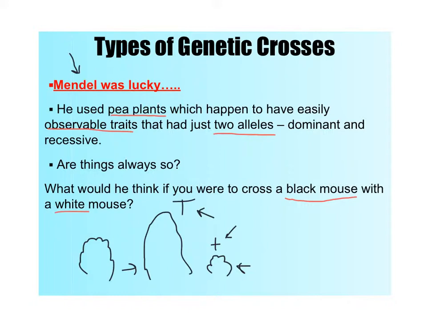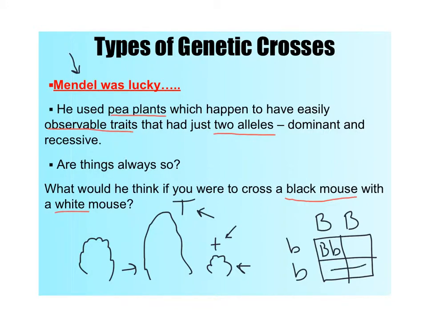But if you were to cross a black mouse, and let's say it's homozygous dominant, big B, with a white mouse, which is little b, if you do a simple Punnett square, all the boxes are going to be the same, so I'm just going to fill one of them in. Big B, little b. If they're all big B, little b, and since they have that dominant big B allele, 100% of those little baby mice would be black.